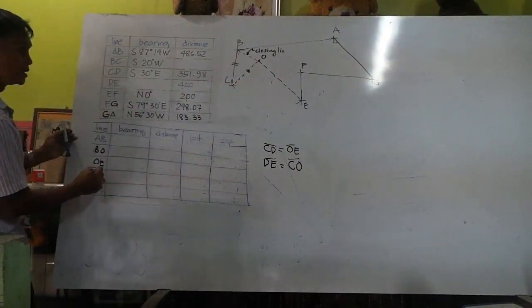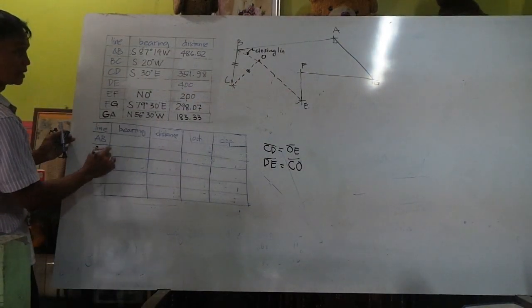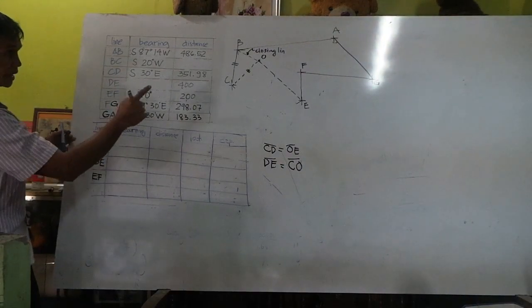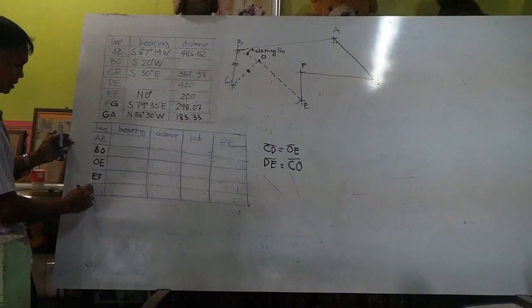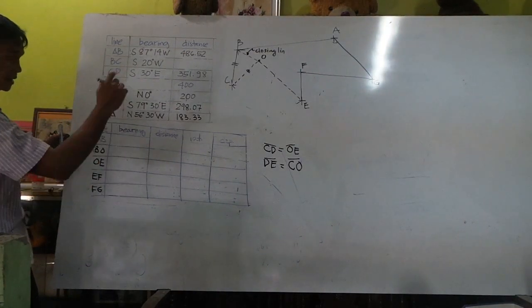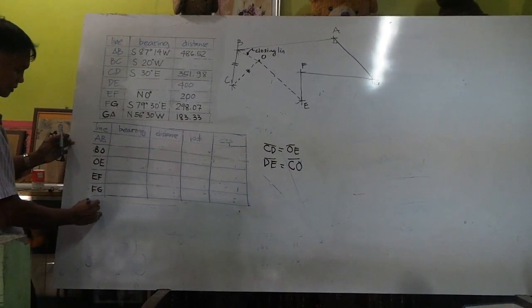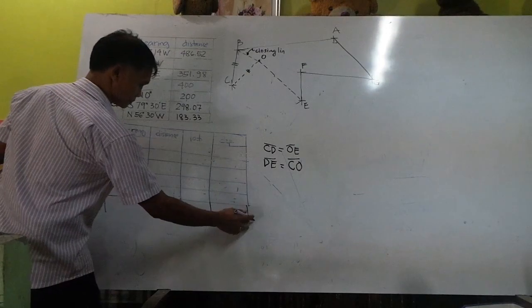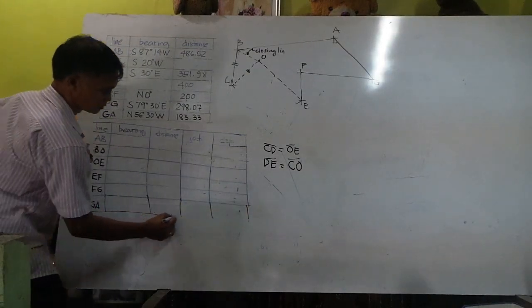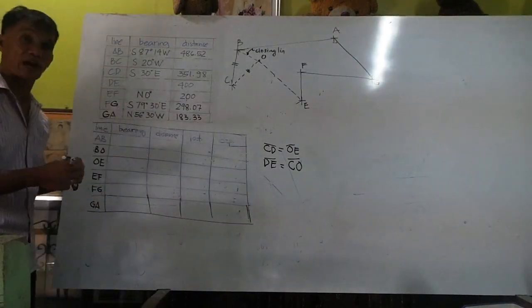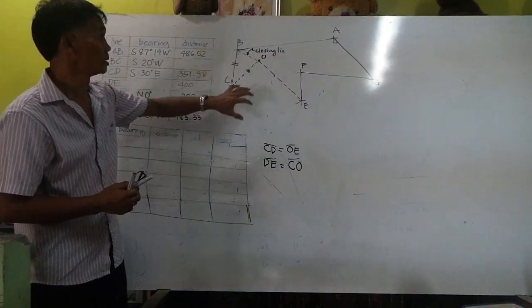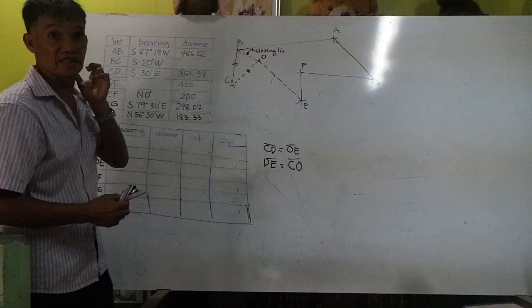OA then EF, then FG, then GA. So that's our tabulation for the other traverse, no? I-exclude na to ang atong triangle na missing data.